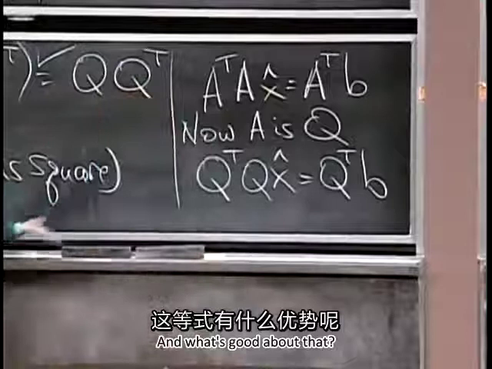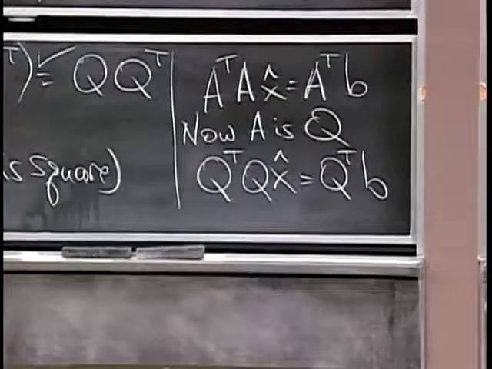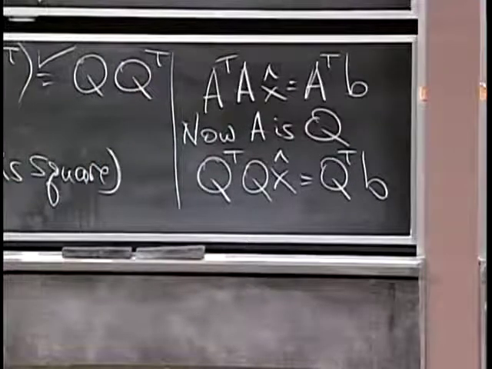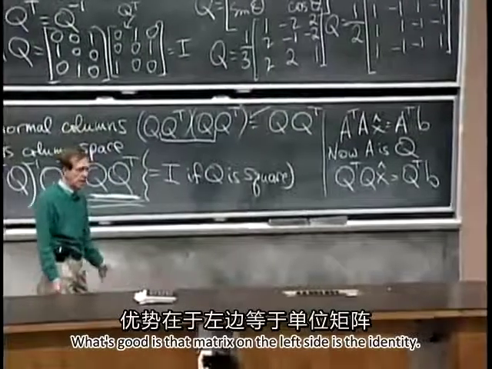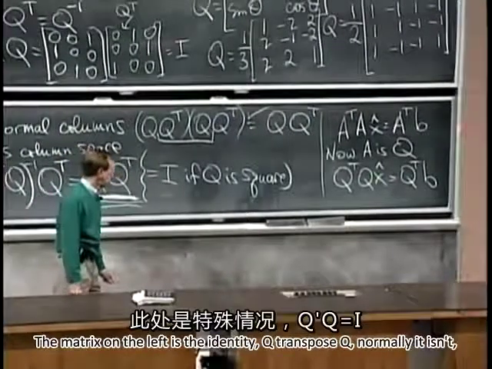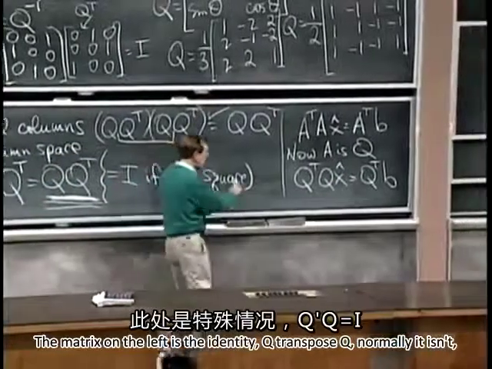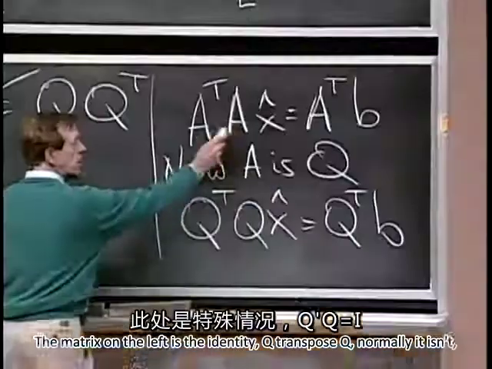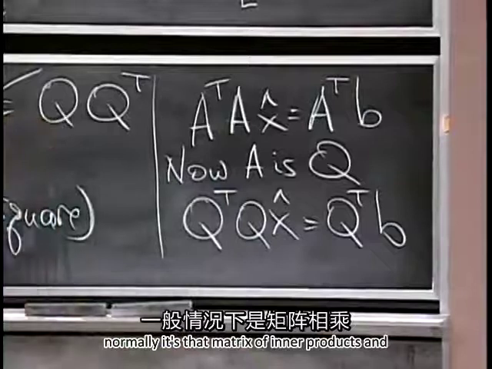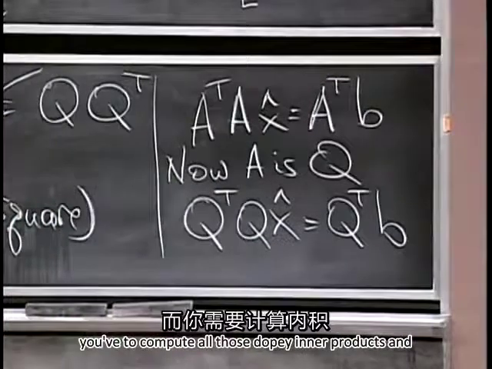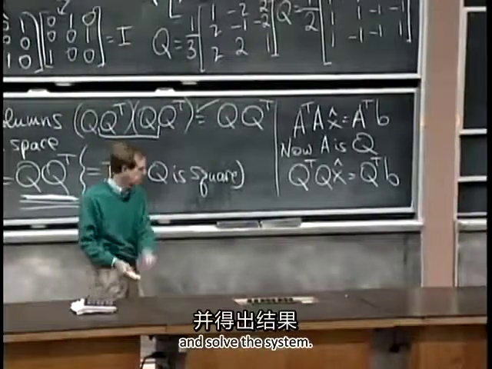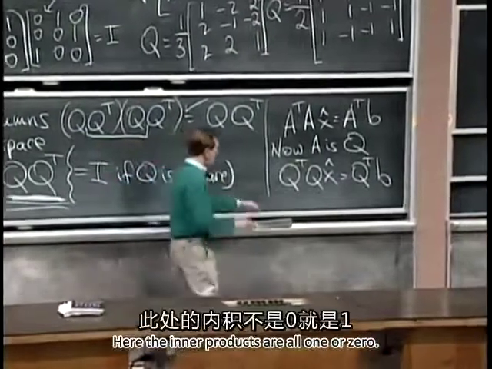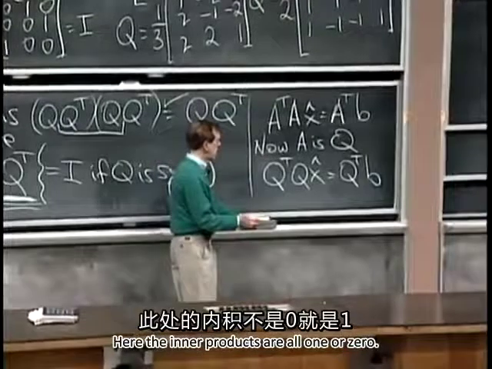And what's good about that? What's good is that the matrix on the left side is the identity, Q transpose Q. Normally it isn't. Normally it's that matrix of inner products, and you've got to compute all those dopey inner products and solve the system. Here, the inner products are all 1 or 0.